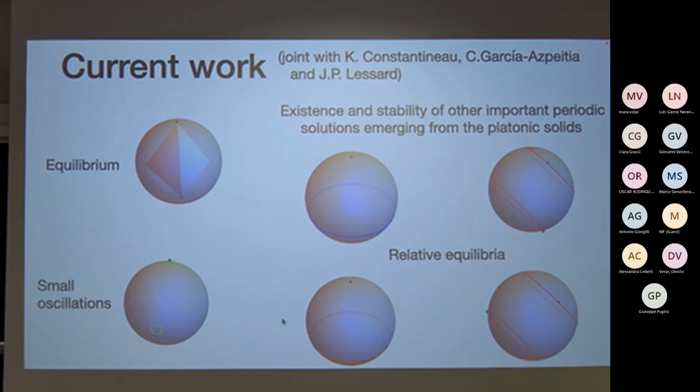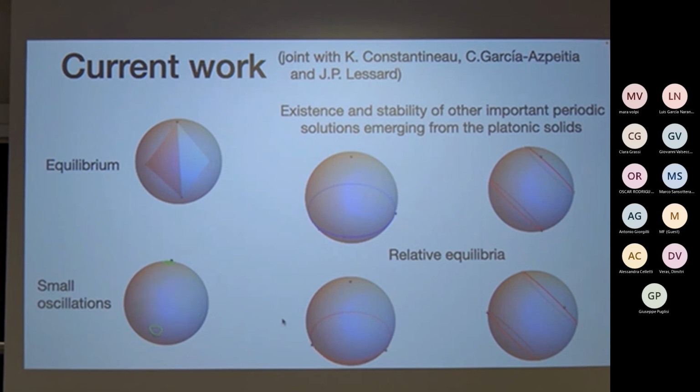So what we're trying to do right now is looking at the Platonic solids, for instance, but also at other arbitrary numbers of vortices, not very large, looking at the lowest energy configurations of the system, the ground states, and trying to understand which are the relative equilibria that emerge from these solutions that are stable.